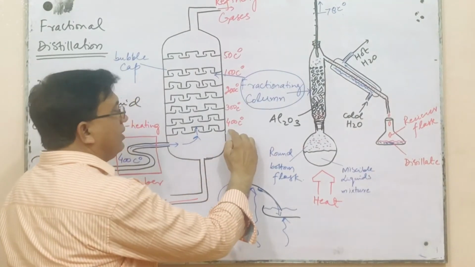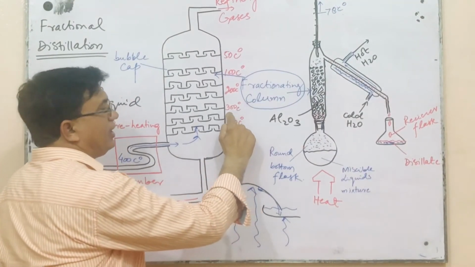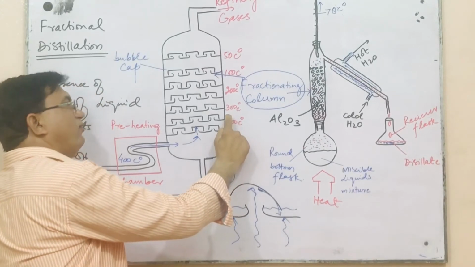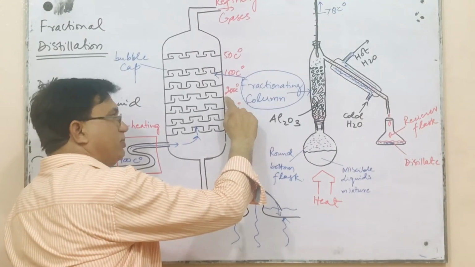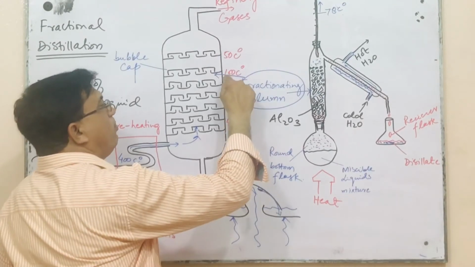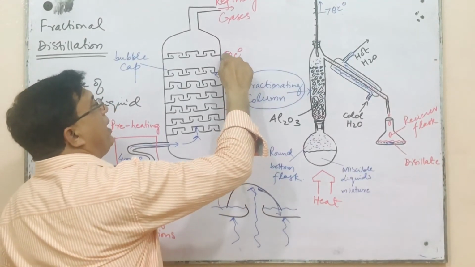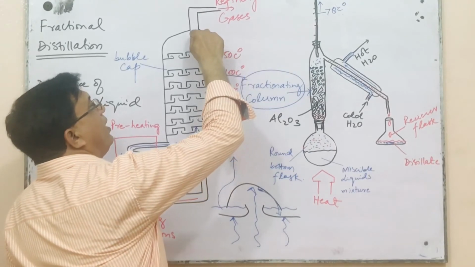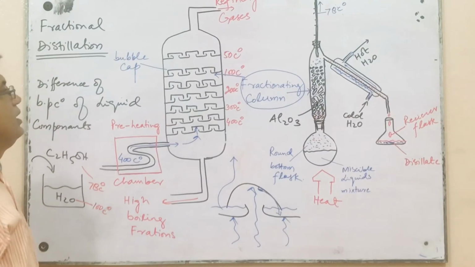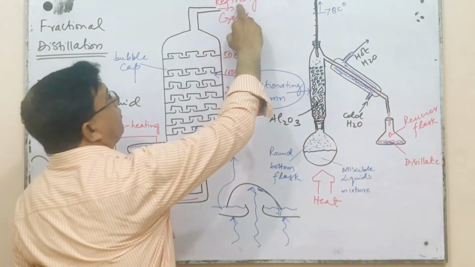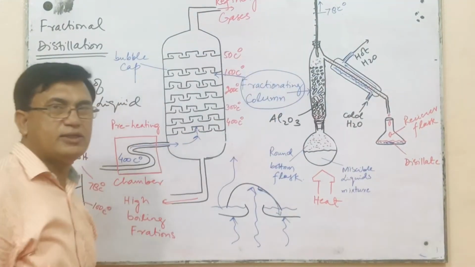Low boiling fractions will move to the next plate. Then further low boiling components will move to the next plate. Low boiling components will keep moving up and up, and finally, if present in the gaseous state, will come out in the form of refinery gases.